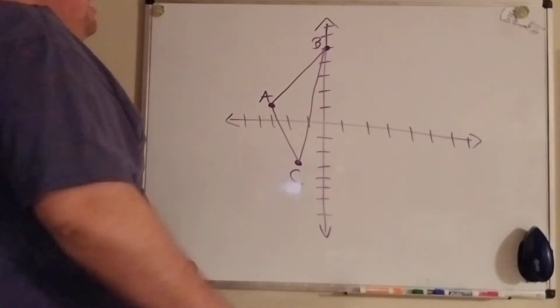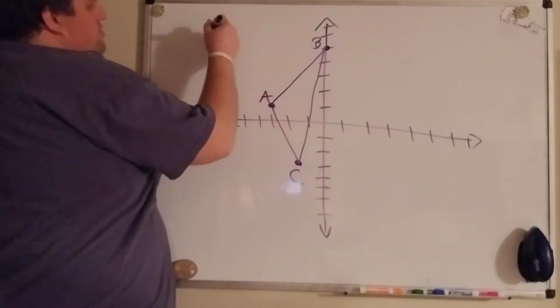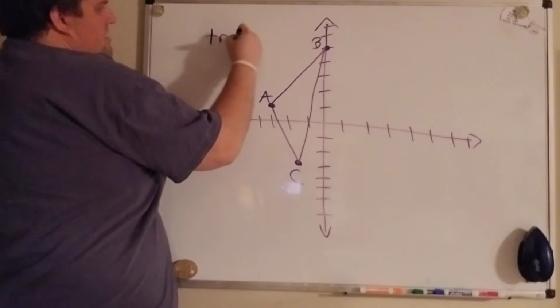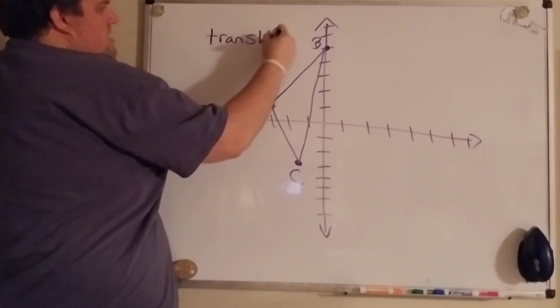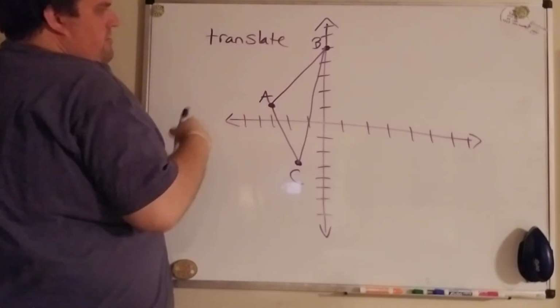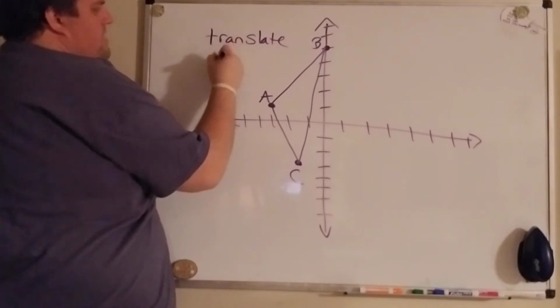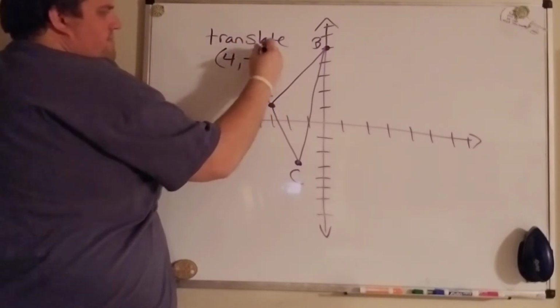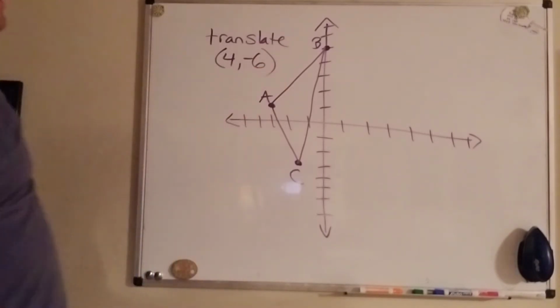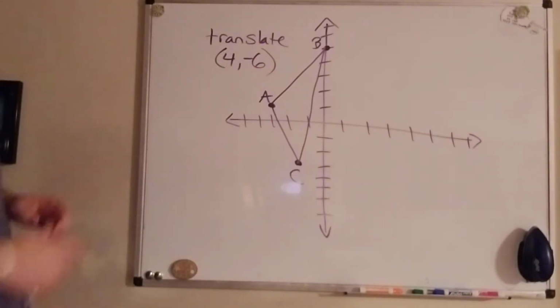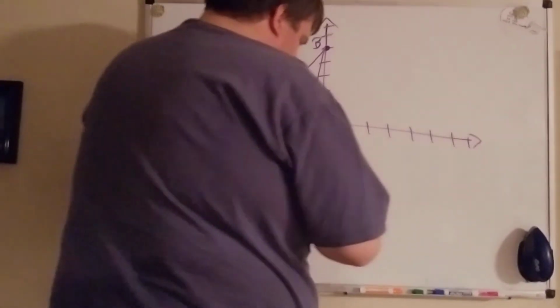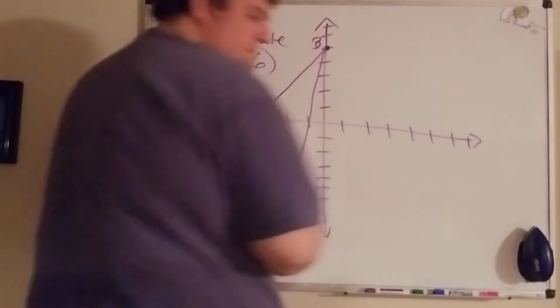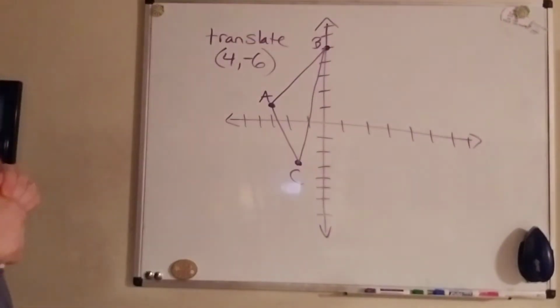So let's say we wanted to translate this triangle, and let's go, what do we say, 4, -6? Let's do that one. What this is going to look like, I'm going to use a different color. Maybe orange. I'm not sure if orange will show up for you, but we'll try it.